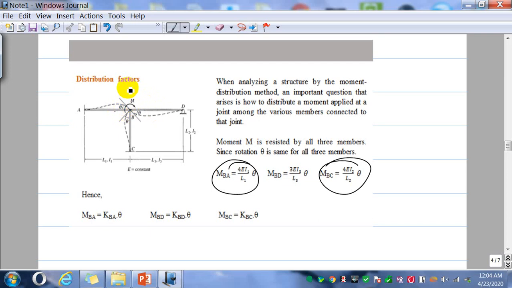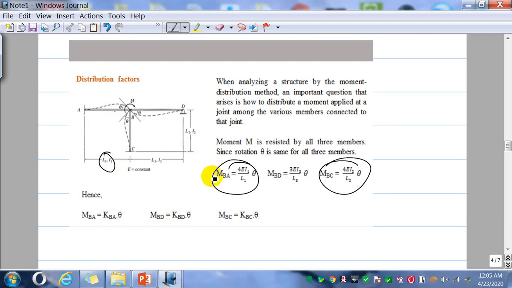If it differs, it is because of the different length of the segment we consider and the different stiffness of the member. So if you consider member BC, the length is L2 and the stiffness is I2. If you consider BD, the length is L3 and the stiffness is I3. If you consider AB, the length is L1 and the stiffness is I1.